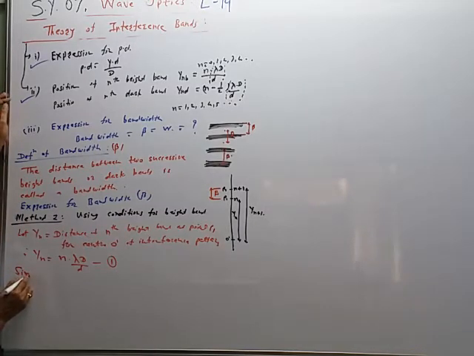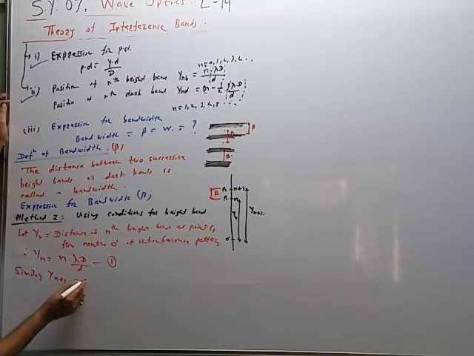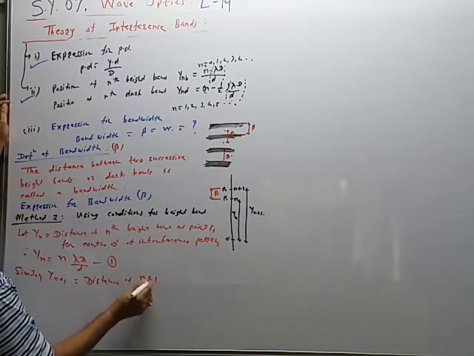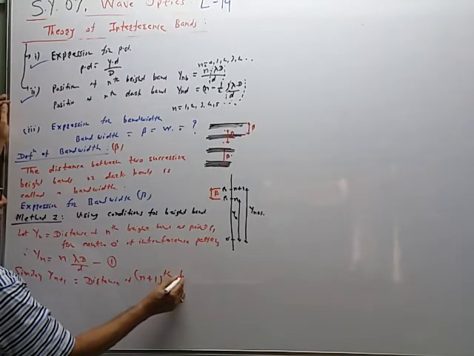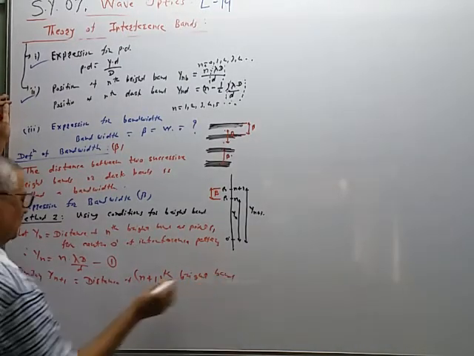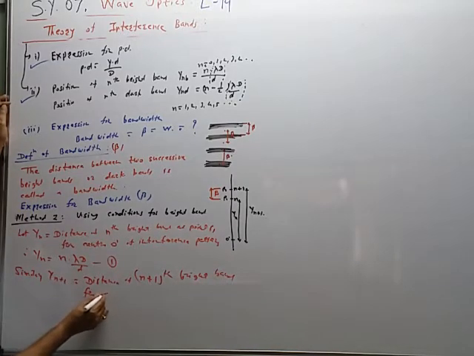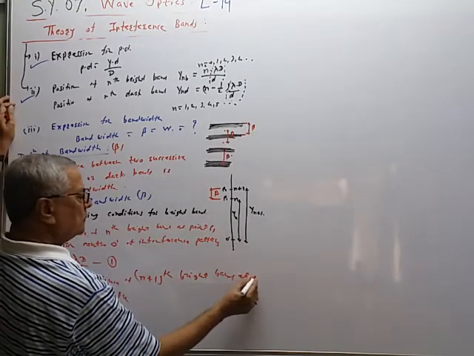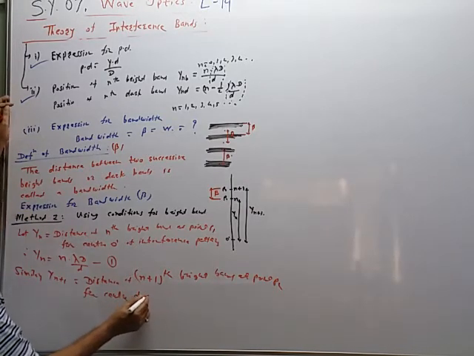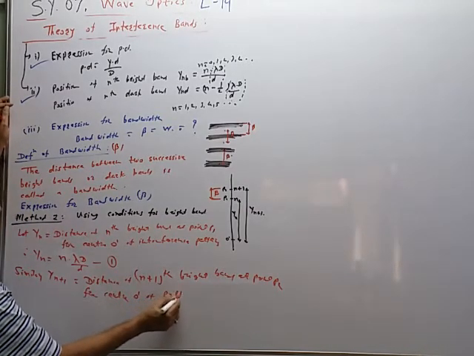Similarly, yn plus 1 is equal to the distance of the n plus 1th bright band at point P2 from the center O dash of the pattern.